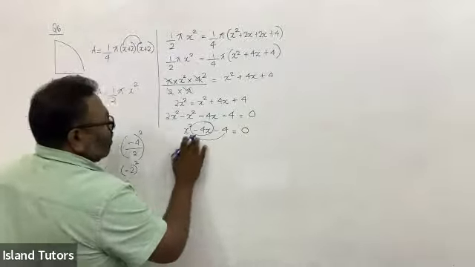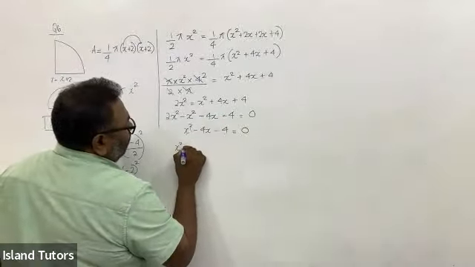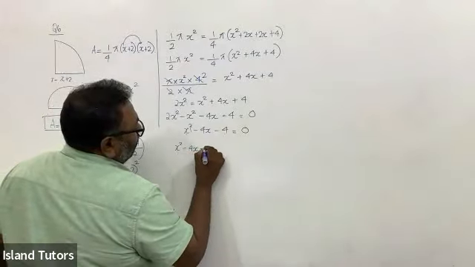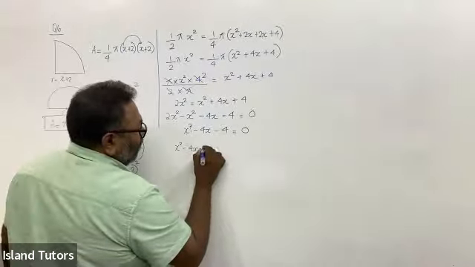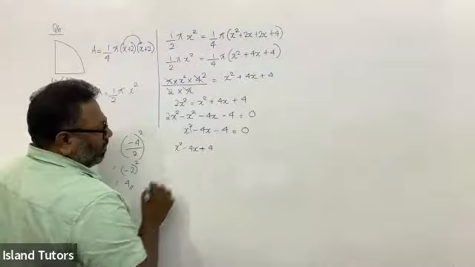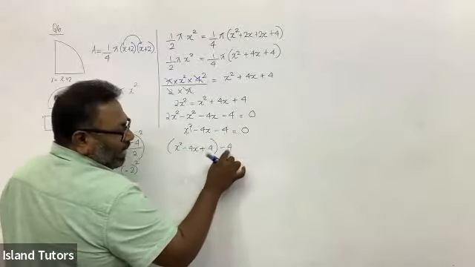So what do you do now? X squared minus 4x minus, you add this 4. You add plus 4 here. Minus 4 you bring here.